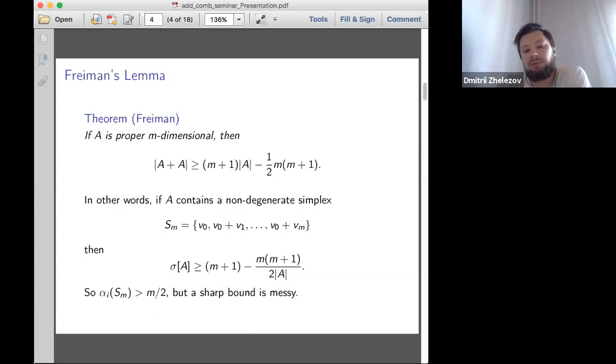At the same time, of course, there is a feeling that if we have a simplex which is m-dimensional, and it's a pretty small set, then for larger sets, we should also have some non-trivial induced doubling.